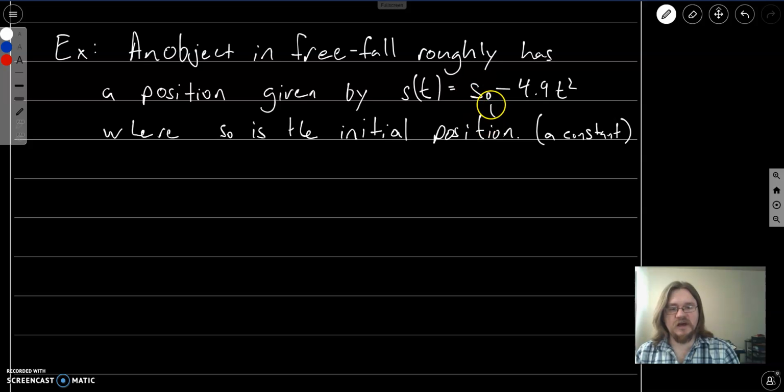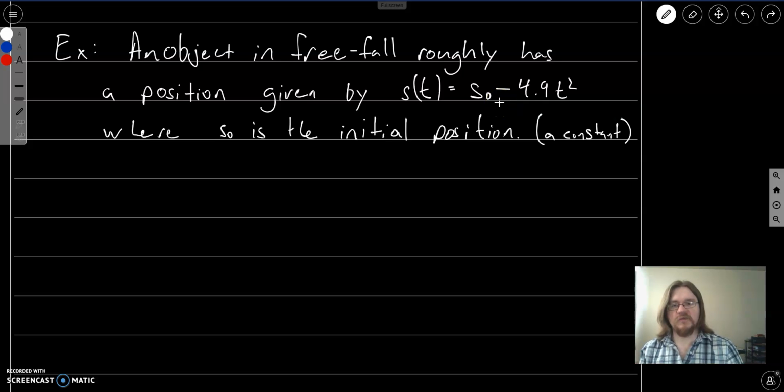Whenever you see naught, the 0 on the bottom, quite often this means where this was at the start. For instance, this particular equation assumes that you were stationary at the start, and then you've suddenly been let go, and now you're just falling. So you're starting not moving at all.